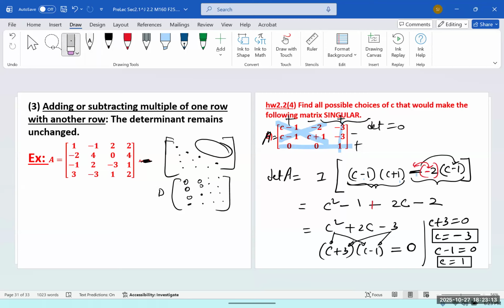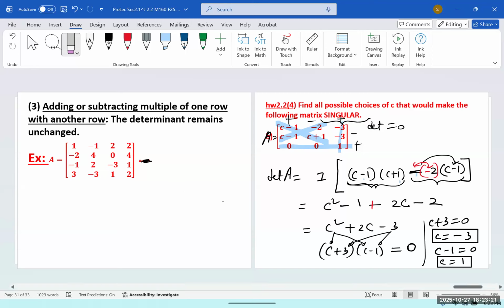Alvin, for A, which method did you use? Factor. Wait. Let me write it down slowly. So you're taking the first one.